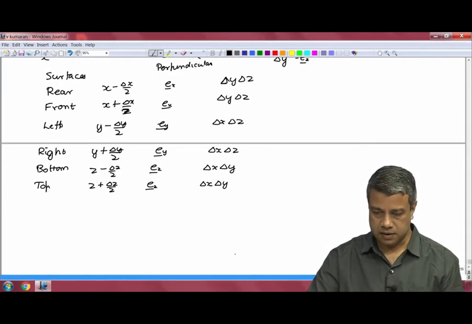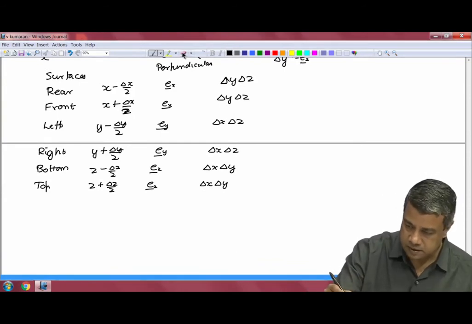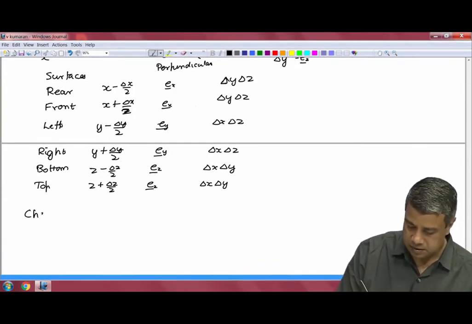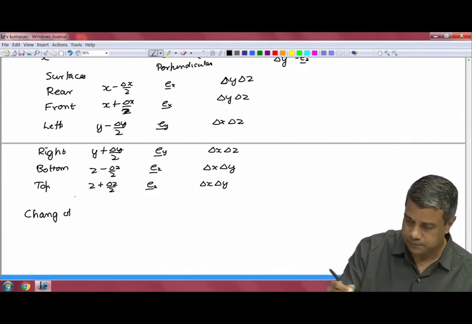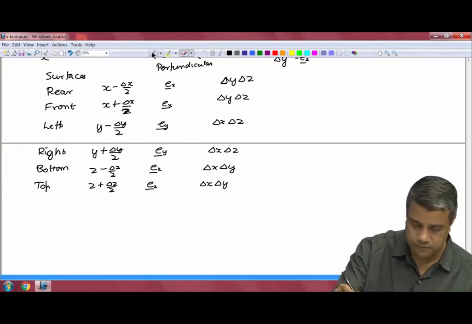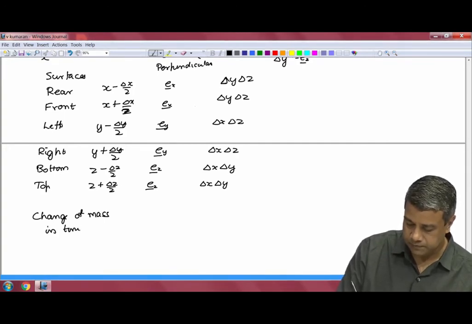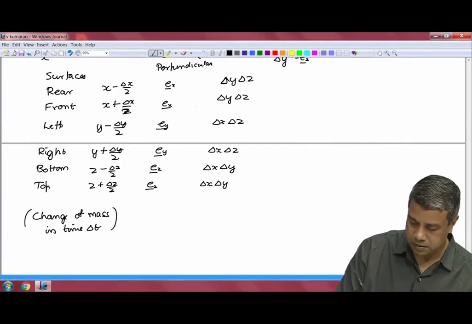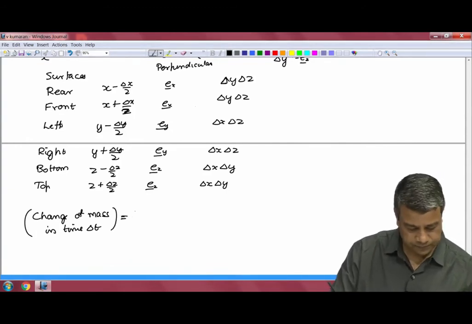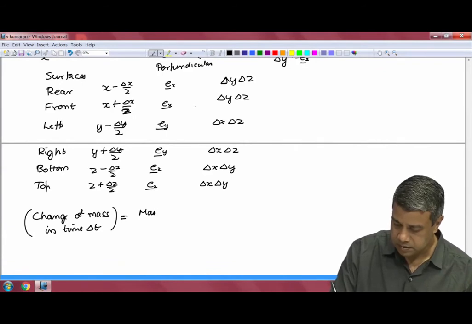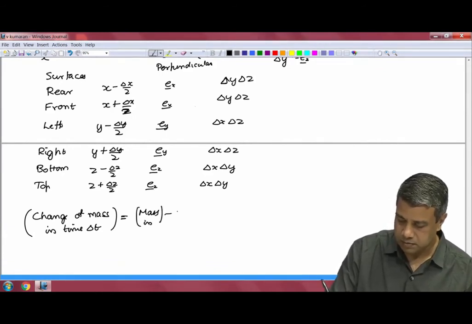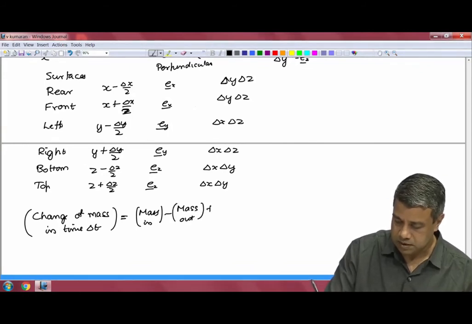Balance equation. The balance equation is that for mass, for example, the change in time delta t is equal to mass in minus mass out plus the production.